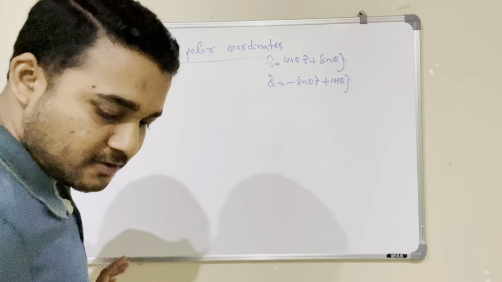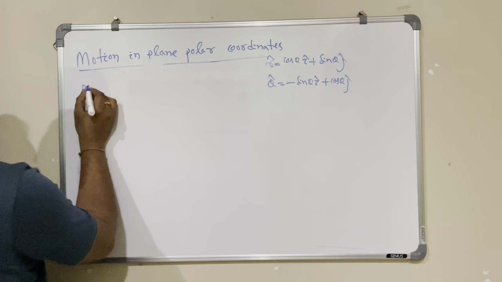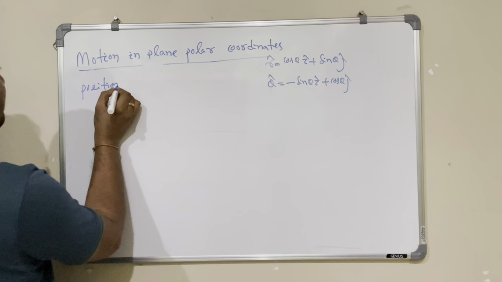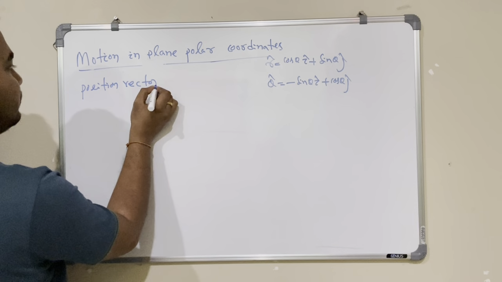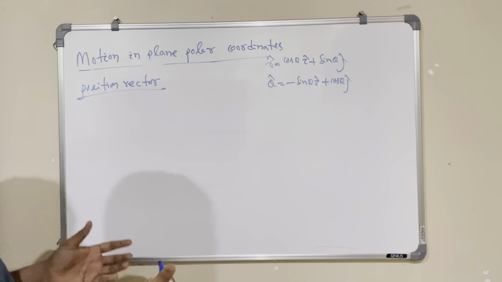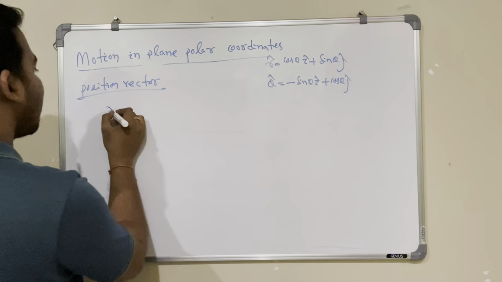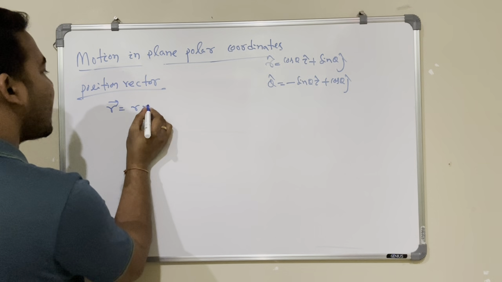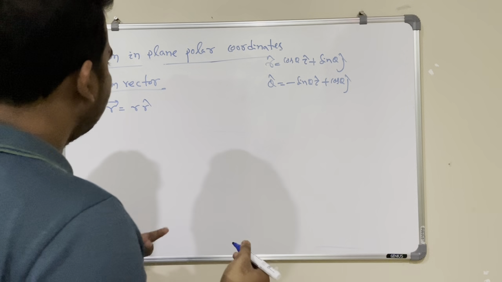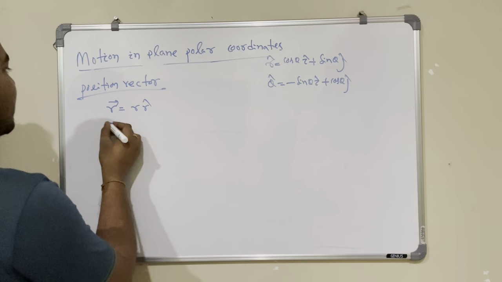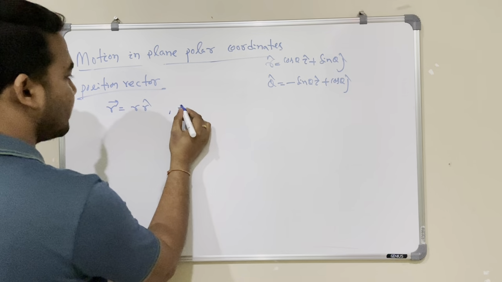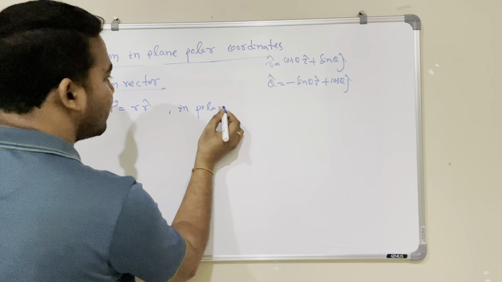Okay, so the position vector. In polar coordinate system, we can write the position vector r vector as r r cap. This is in polar coordinate system.